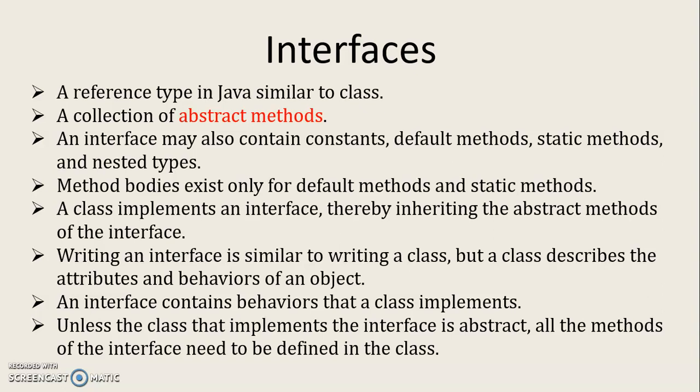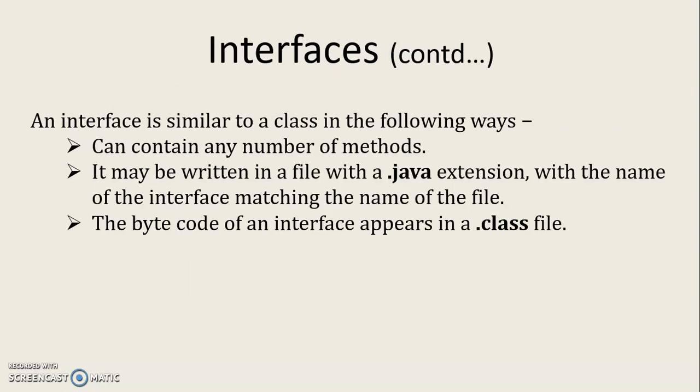Unless the class that implements the interface is abstract, all the methods of an interface need to be defined inside the class. The meaning of the statement is that the class should not be an abstract class. Then only we can define all the method bodies inside the class and execute the methods. So that is interfaces.